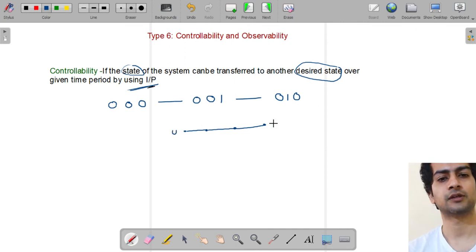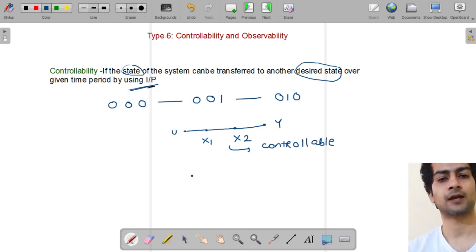This is input, this is output. Here we have some state variable. The state variables are connected with input, that is, state variables are driven by input. So we will call it controllable.